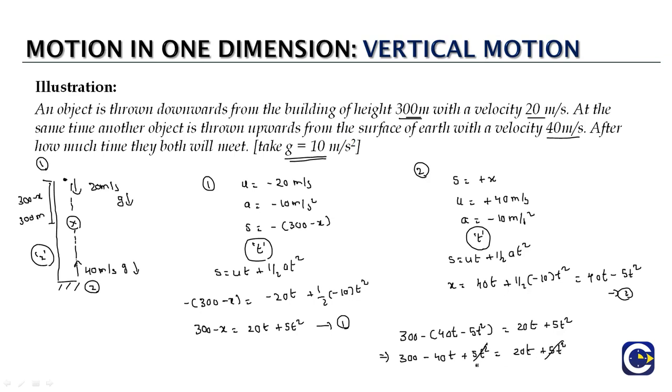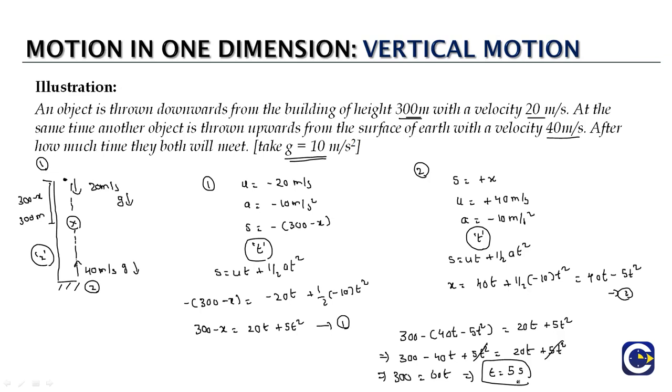On both sides the t square term will be cancelled, so we'll have 300 is equal to minus 40 on taking to the right side will become 60t, because 40 plus 20 will be 60, which means t will be equal to 5 seconds. 300 by 60 will be 5. So after 5 seconds both the objects will be meeting each other.